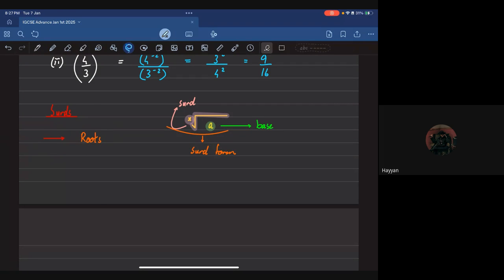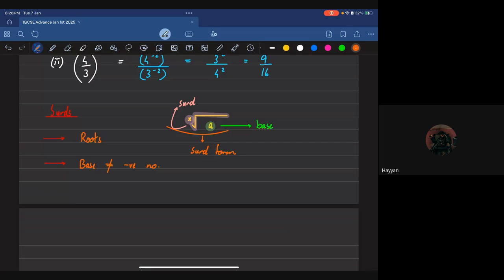One more thing you need to know is that the base in the surd cannot be a negative number.